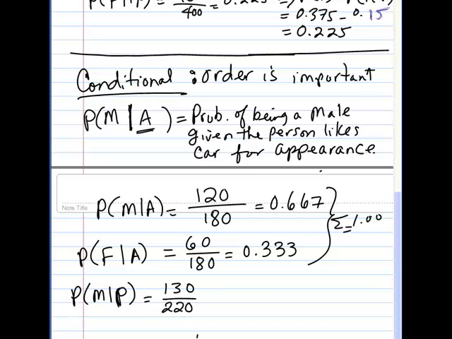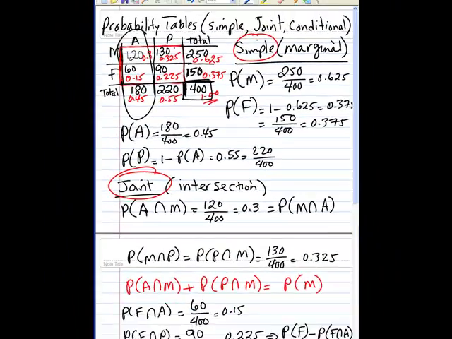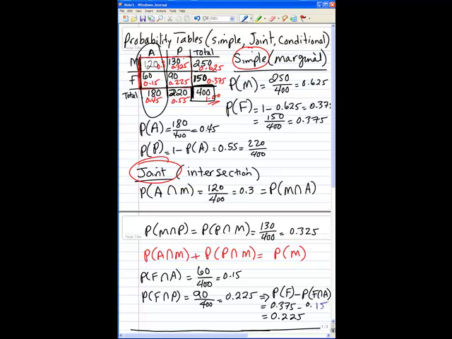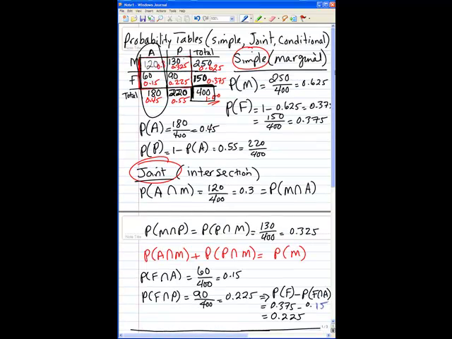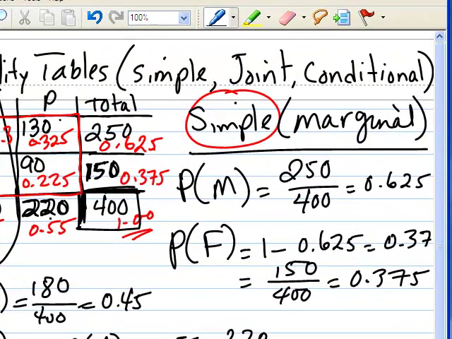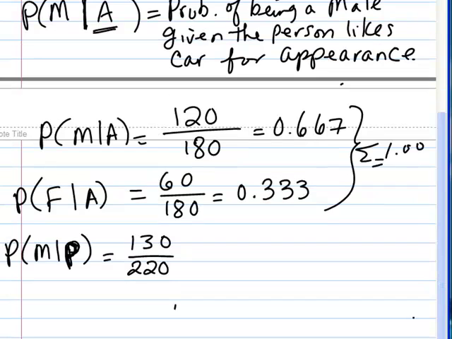Because now we're zooming in on those people who buy a car because of its performance, and those people are 220 right here. Out of those 220, 130 of them are male.